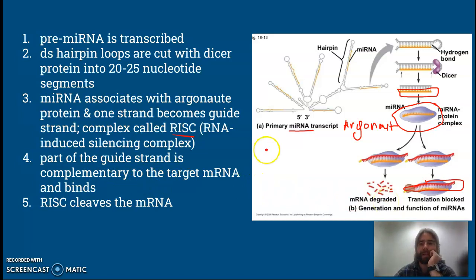So the microRNA that's here is like a guide that takes this RISC complex to a specific messenger RNA in the cytoplasm, and the RISC protein cleaves the mRNA, breaks it down, and stops it from relaying its message.